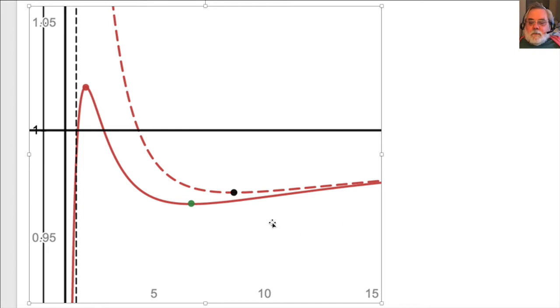The energy at the green dot stable circular orbit is 0.966 mc squared. To achieve this orbit, starting initially at rest, far from the object, we would have to lose 3.4% of our initial rest mass energy.